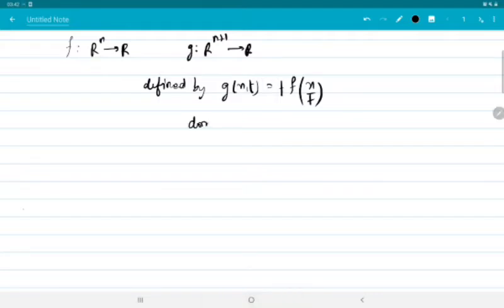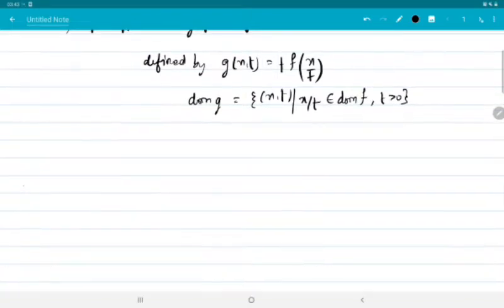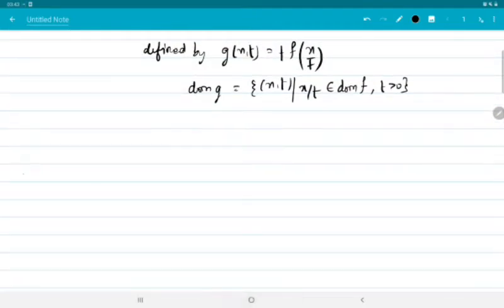The domain of g here is the set of x and t such that x over t belongs in the domain of f. So this is how the domain changes.